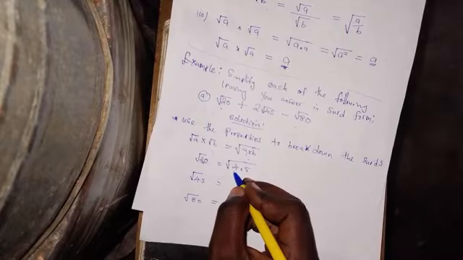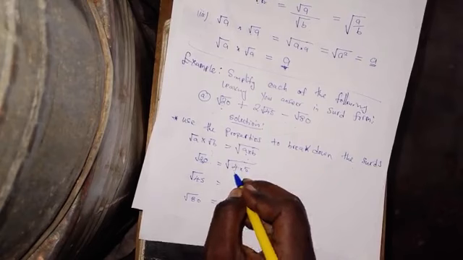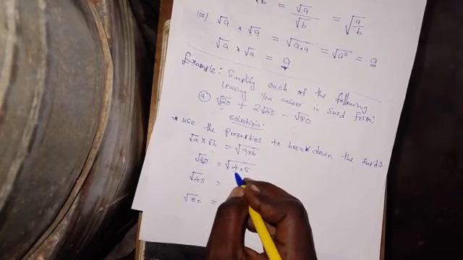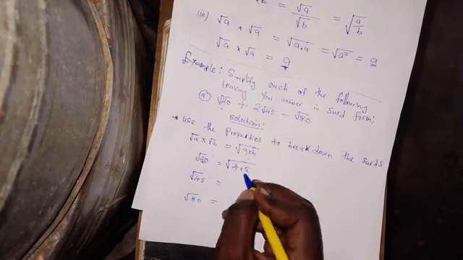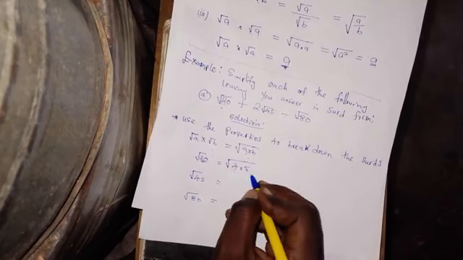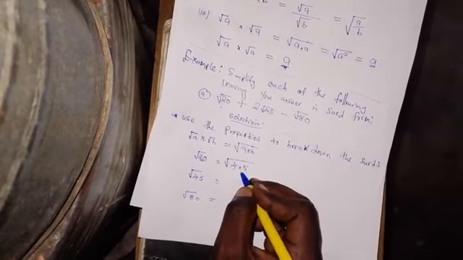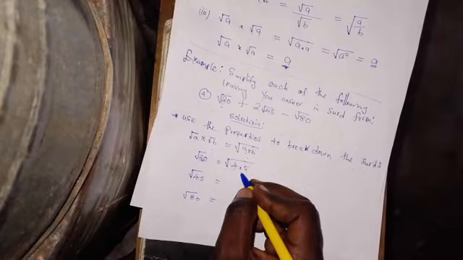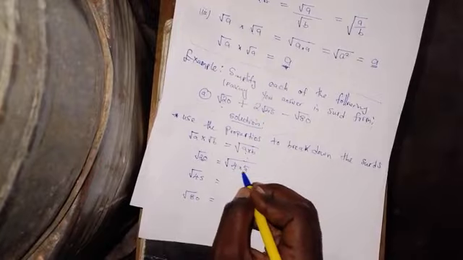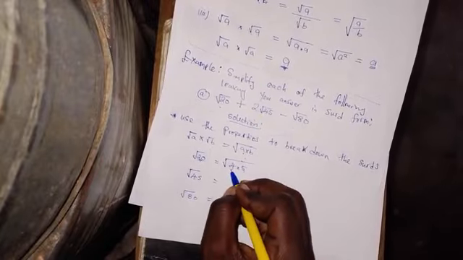There's 4 by 5, and there's 10 by 2. But I've not chosen 10 by 2. Why? 10 and 2 will not give me a perfect square root. But 4 and 5 will give me something perfect here.